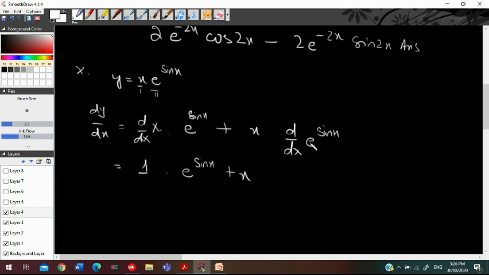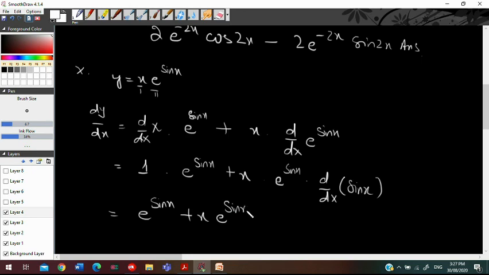So first we solve this exponent base, and we know that for the exponential function, first we write the exponential function as it is, and then we differentiate its power like this. So exponential of sine of x plus x, exponential of sine of x, and the derivative of sine of x is cos of x. So this is the answer of our question.